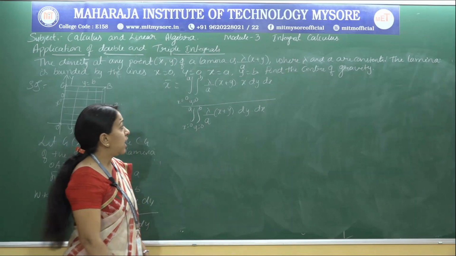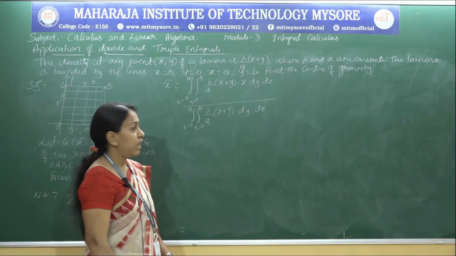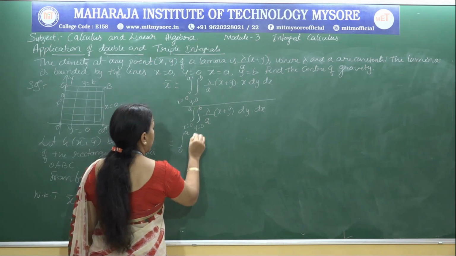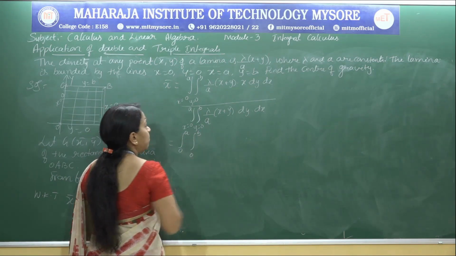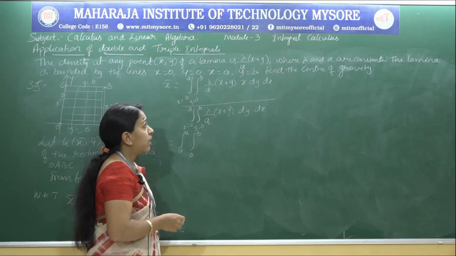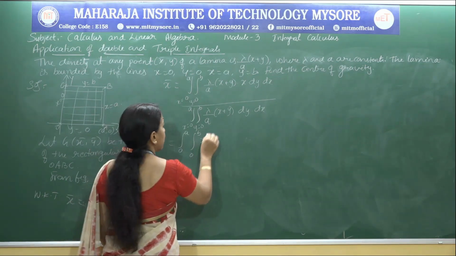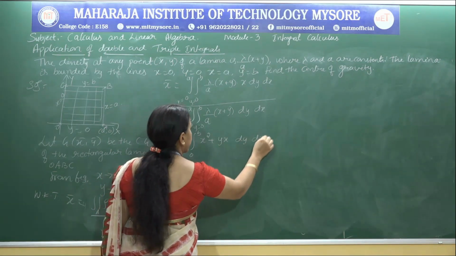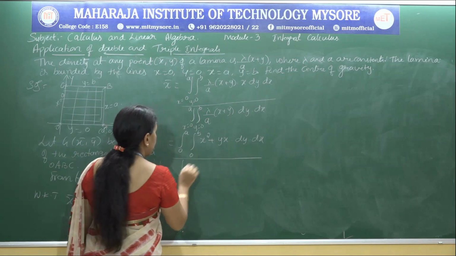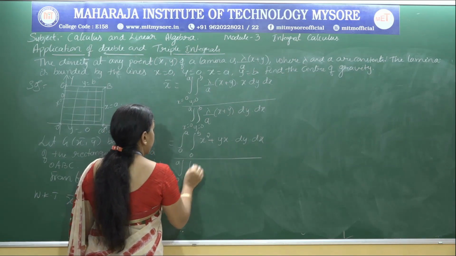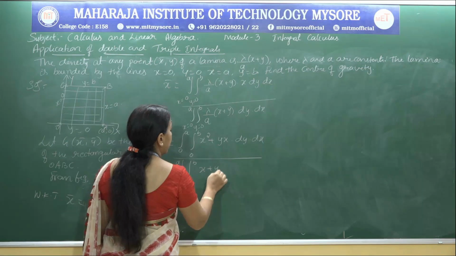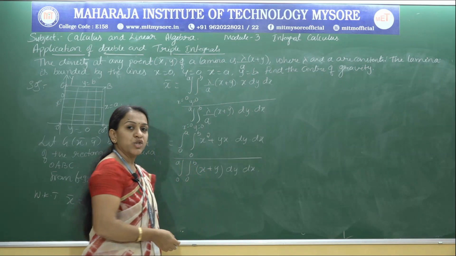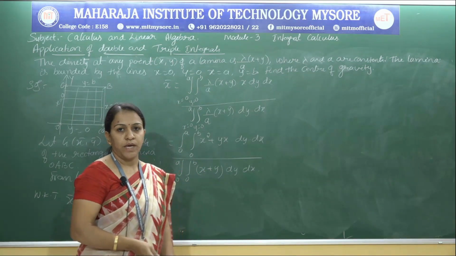Now, I can cancel lambda by a in both numerator and denominator, so that we remain with integral 0 to a, integral 0 to b, of x square plus yx dy dx, whole divided by double integral 0 to a, 0 to b, of (x plus y) dy and then dx. Now, keeping x constant, integrate with respect to y.